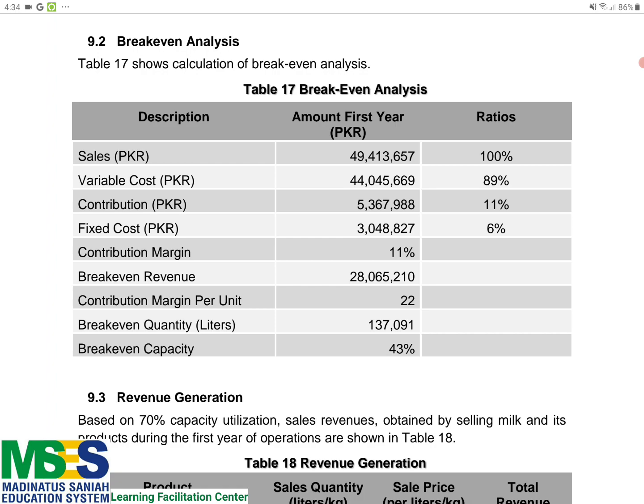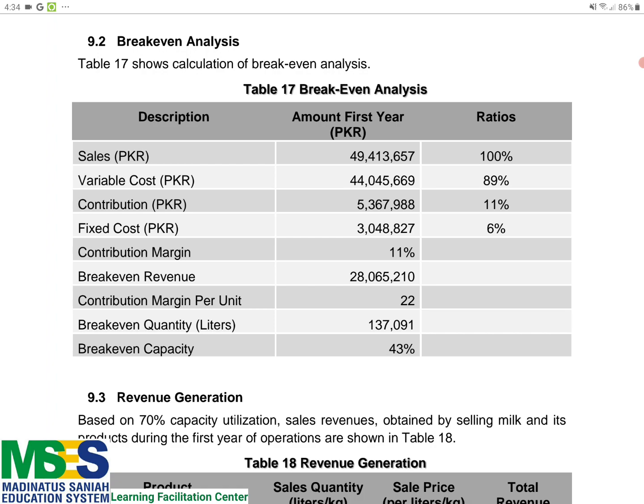Break even quantity in liters: 137,000. After selling 137,000 liters of milk, you would break even on your cost. Like your revenue will be equal to your cost. You will not have any profits.